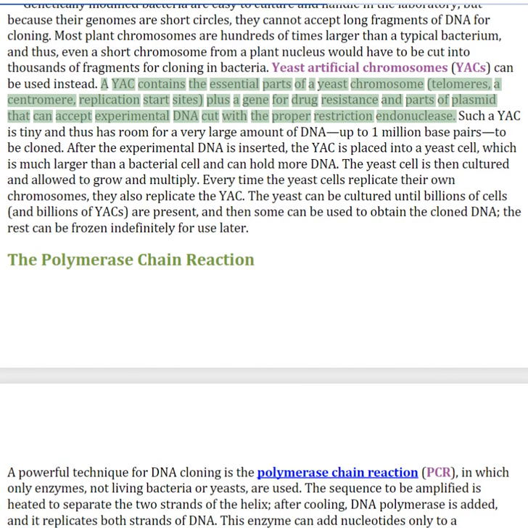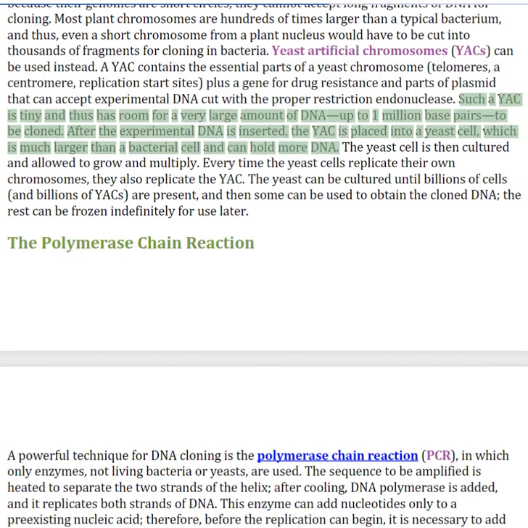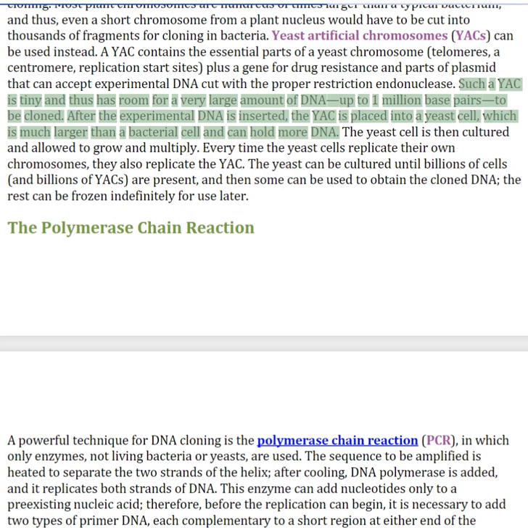A YAC contains the essential parts of a yeast chromosome plus a gene for drug resistance and parts of plasmid that can accept experimental DNA cut with the proper restriction endonuclease. Such a YAC is tiny and thus has room for a very large amount of DNA, up to 1 million base pairs, to be cloned. After the experimental DNA is inserted, the YAC is placed into a yeast cell, which is much larger than a bacterial cell and can hold more DNA.